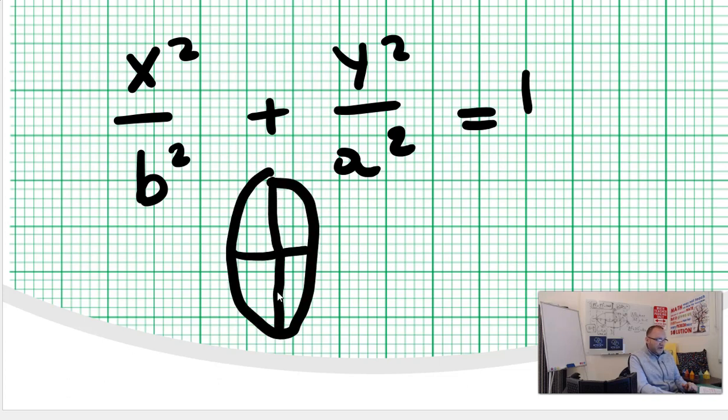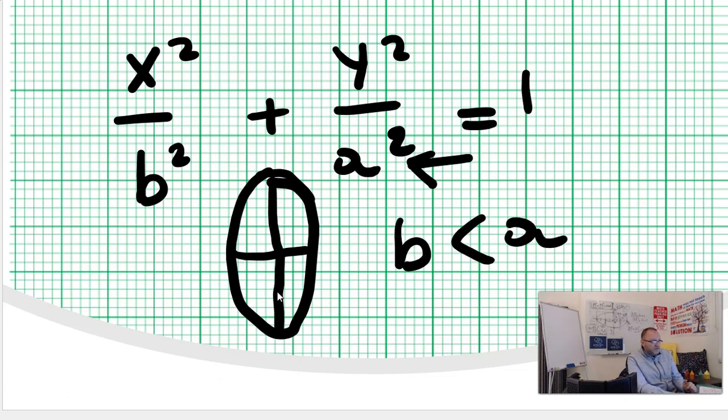For me, all I did, when it's in the vertical direction, I move the a squared under the y. Why? Because this is how it crosses this shape in the vertical direction. That's why I put it under the y squared. And I kept b less than a, because this one is smaller now. This is my minus b, 0, and this is my plus b, 0.